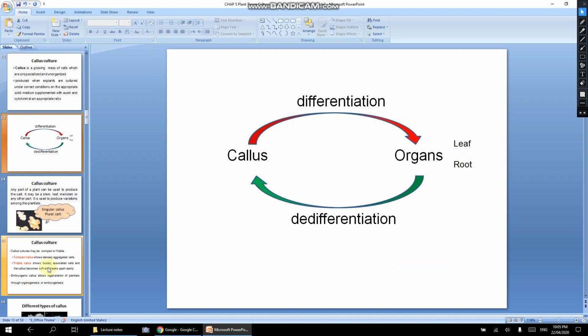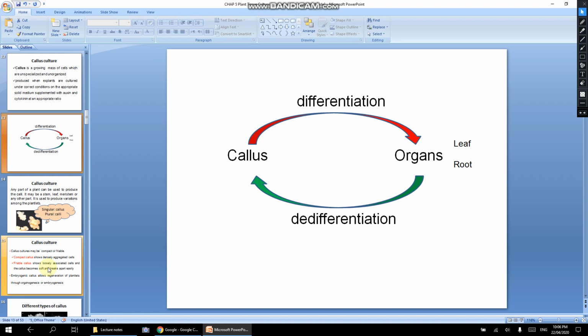Alright, so how everything takes place is that from callus, it differentiates into organs. However, if you take a sample of an organ and you culture it, it will de-differentiate into callus and become something else. Okay, if you take a leaf, which is an organ, and you culture it, it will de-differentiate, meaning it reverses from something to nothing, and then becomes something else.